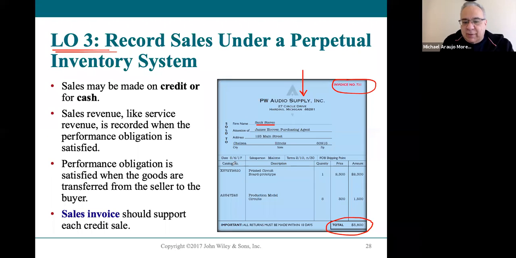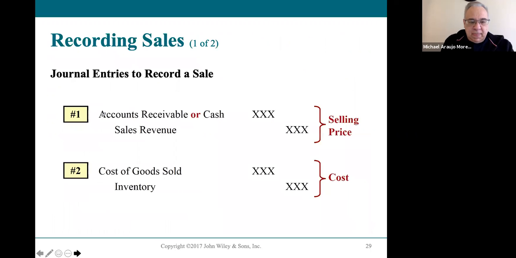PW Audio, however, has an interesting situation because they sold off their inventory. They no longer have that inventory. So this is where the cost of goods sold is going to show up for the seller, okay? And so two things have to happen to the seller when a sale happens, okay? The first thing they need to do is record the sale.